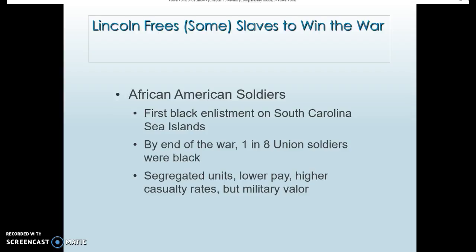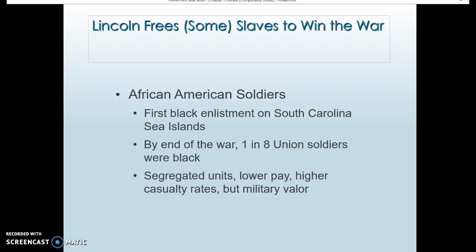Unfortunately, they were all segregated. Most black units were put under the charge of a white commander. They were not integrated, so you don't have a mixed unit. A lot of times they were making half the pay of their white counterparts. There's going to be a higher casualty rate because Confederate soldiers are not going to take African American prisoners of war.